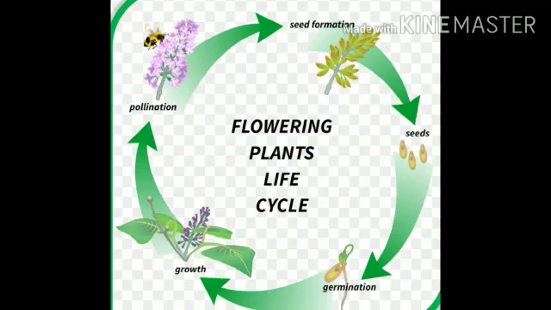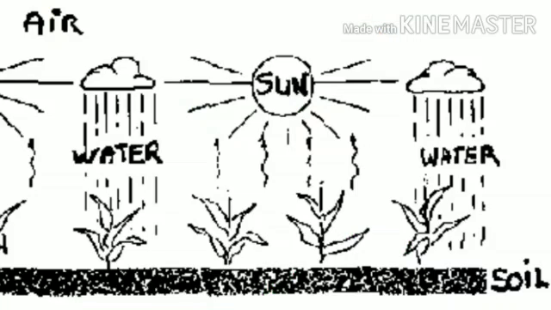Every seed has a minute plant called the embryo. Under favorable conditions like sunlight, water, and soil, the embryo grows into a new plant. We all know, children, the plant grows with the help of sunlight, water, and air.